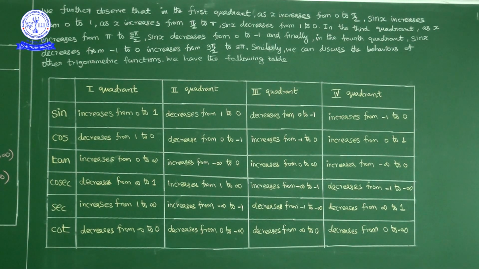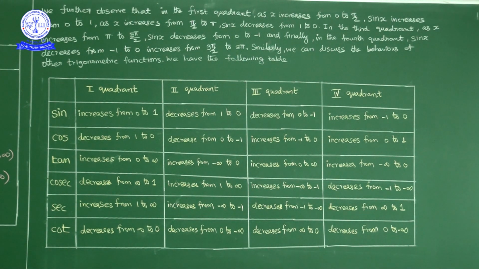Okay. Next, after sin and cos, next trigonometric function is tan x. Tan, as x increases from 0 to pi by 2, tan x increases from 0 to infinity. So in first quadrant tan is positive. Okay.